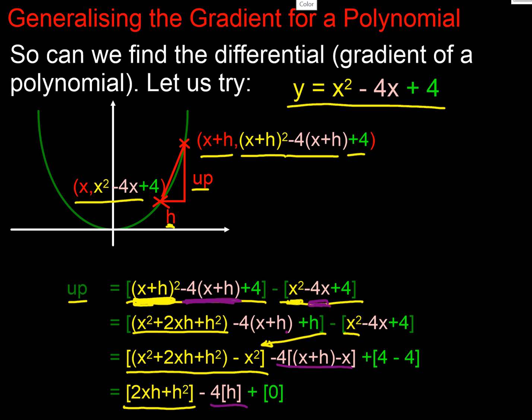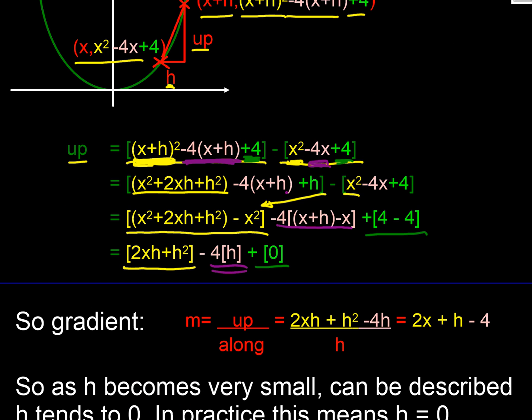That's going to be the gradient of a straight line, which is going to be linear, isn't it? We're going to find that in a sec. And the final part is our plus 4. And what's the change in the plus 4? Well, there's actually no change, is there? There's our plus 4 in the upper point, there's the plus 4 in the lower, and when we group them together they cancel out and we get 0. So that's our little up, our change in the up direction.